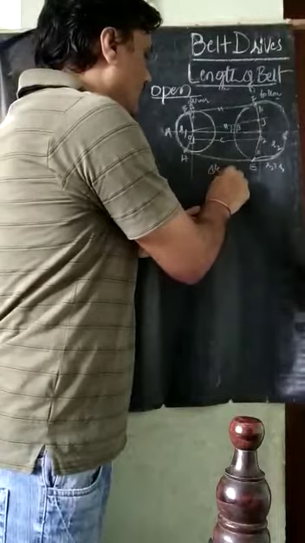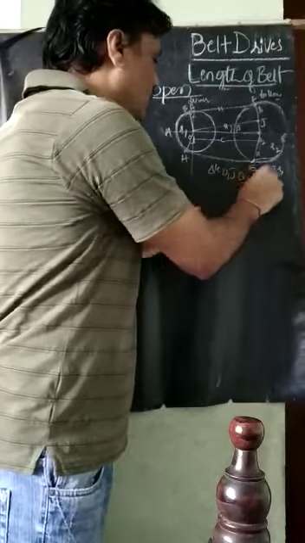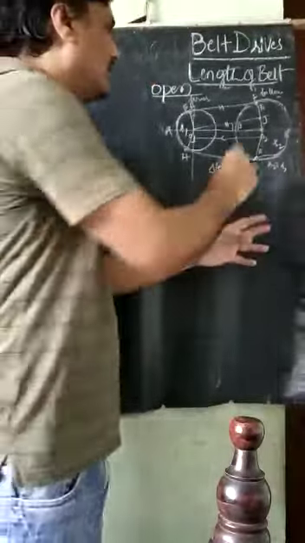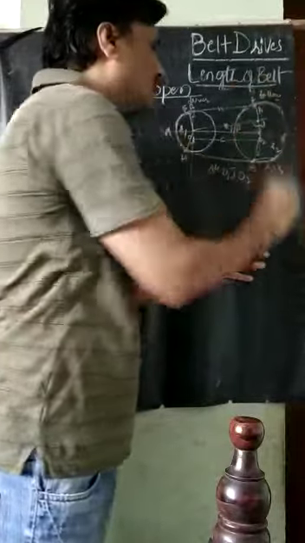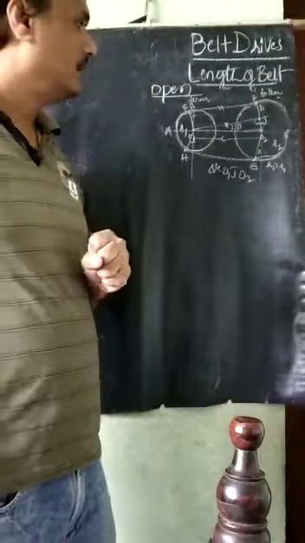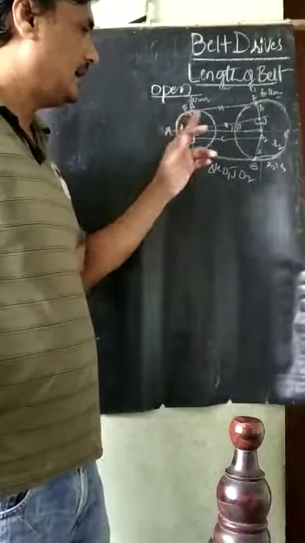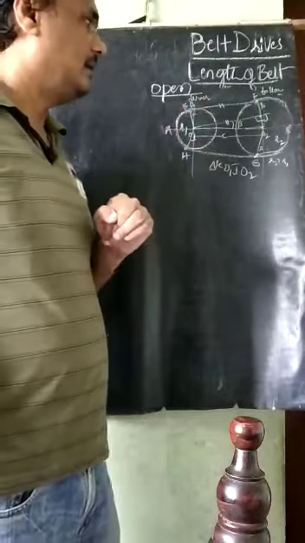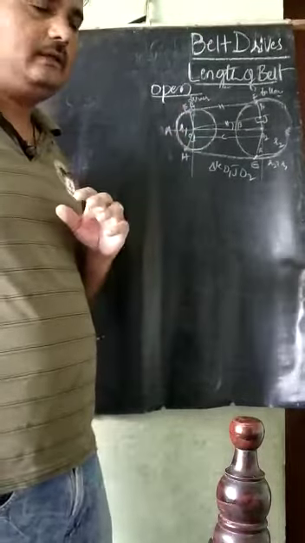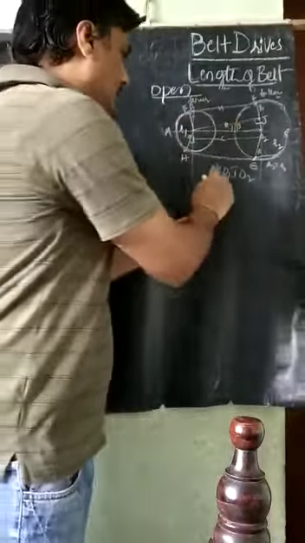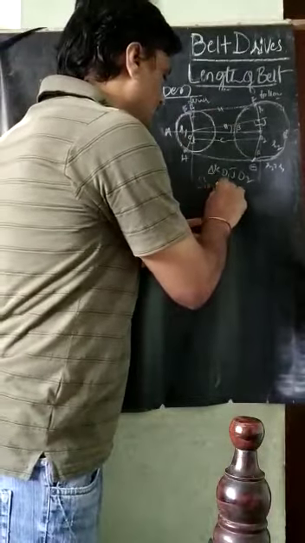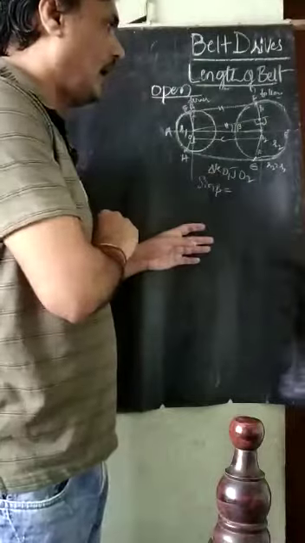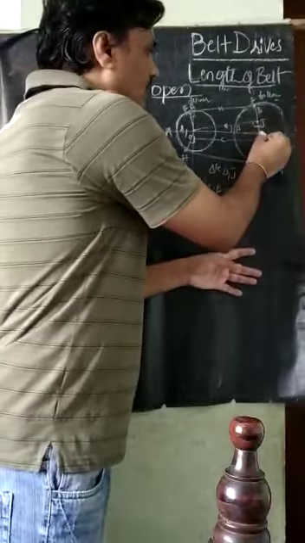O1JO2 is a right angle triangle. Applying the right angle triangle relation, sine beta is equal to opposite over hypotenuse.